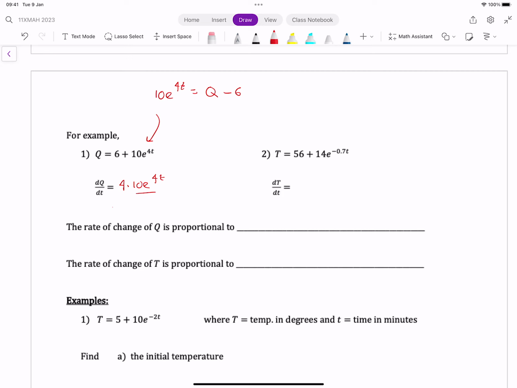So we're going to replace this with Q minus 6. Same idea up here. If we differentiate this, we get minus 0.7 times 14e to the minus 0.7t. But if we rearrange this, we get 14e to the minus 0.7t equals T minus 56. So we're going to replace that with T minus 56.